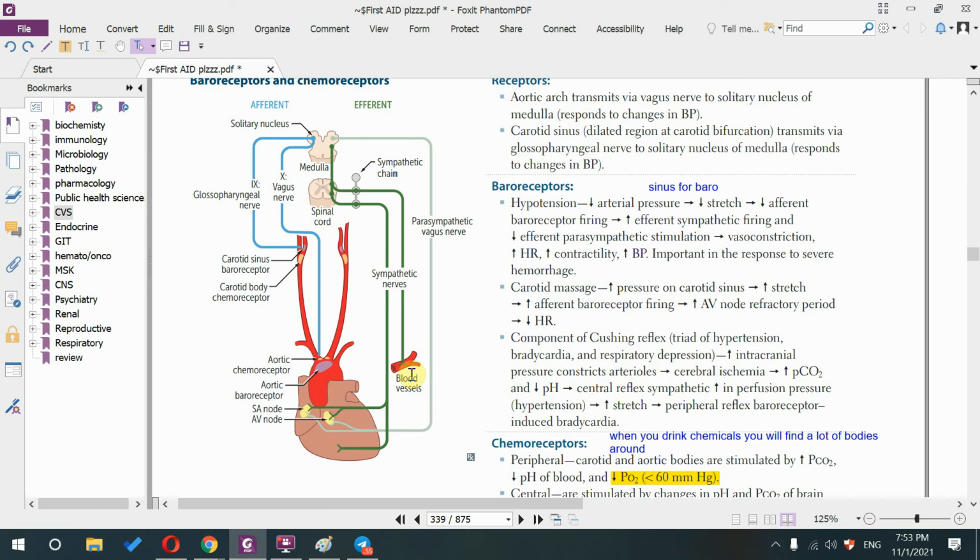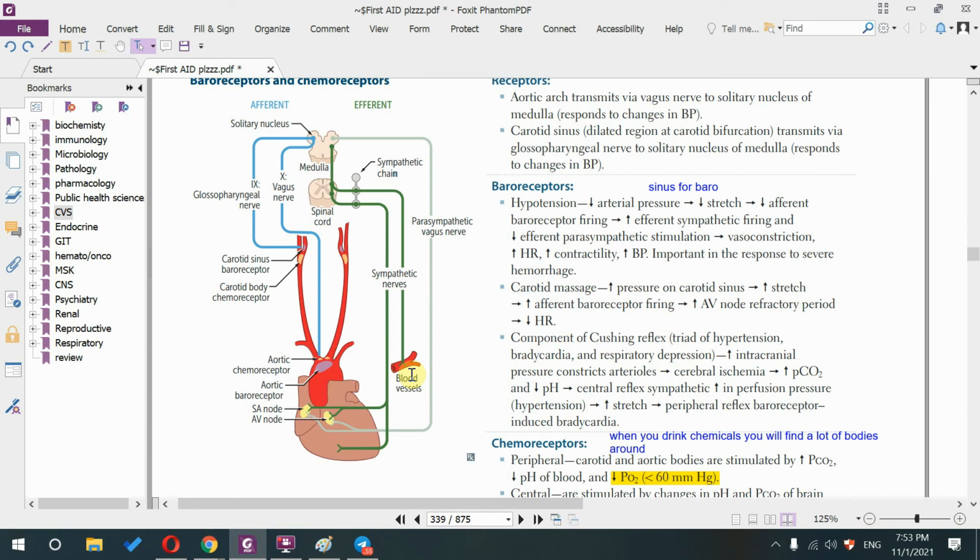Can someone please tell me which receptors you have in your vessels? Alpha 1, what else? No, I mean which receptors, like alpha 1, alpha 2. Okay, so alpha 1, beta 2 and... It's mostly alpha 1 and beta 2 and M3.